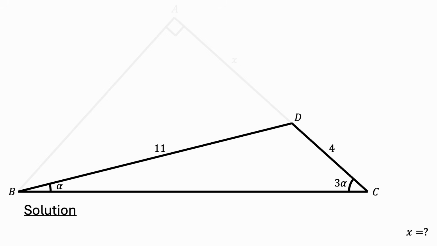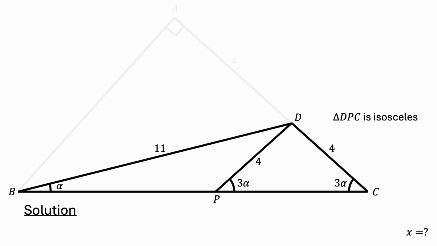First, consider triangle BCD. From D, construct DP with P on BC such that angle DPC equals 3 alpha. Since angle DPC equals angle PCD equals 3 alpha, triangle DPC is isosceles, so DP equals DC equals 4.